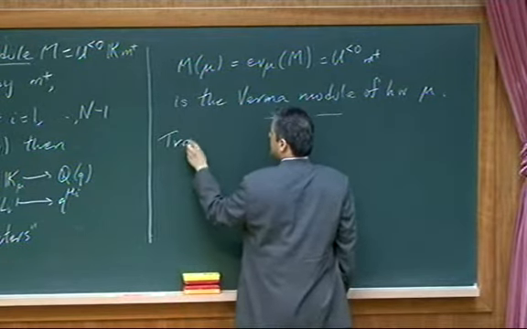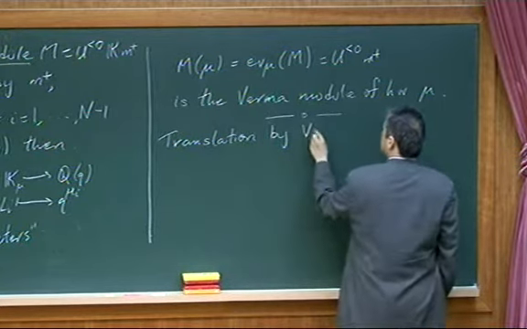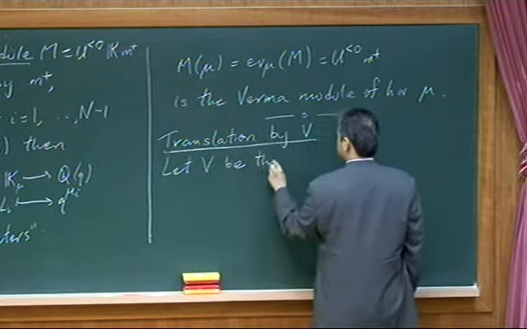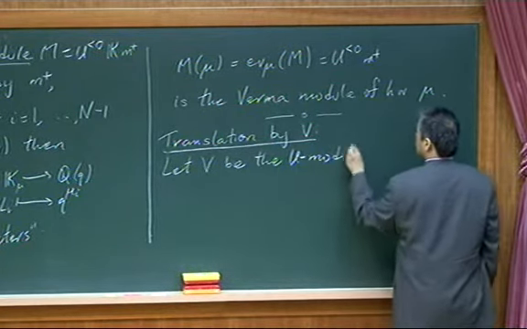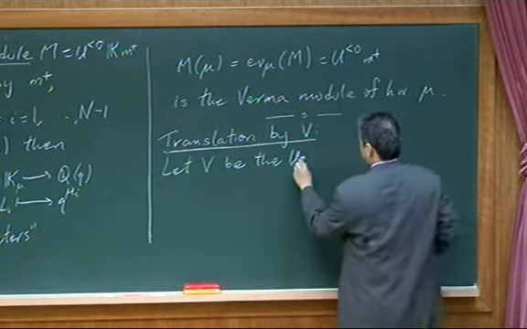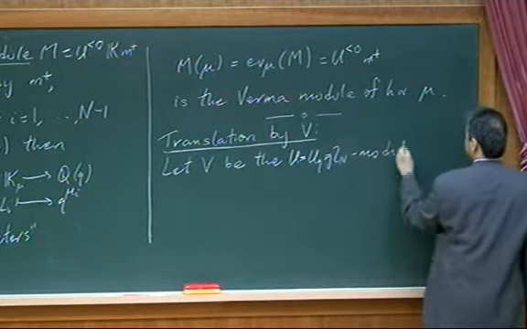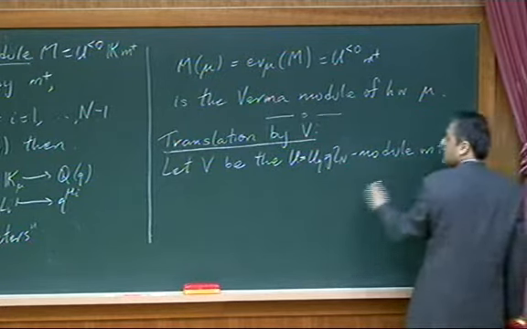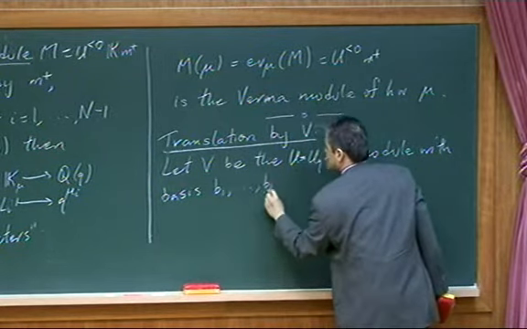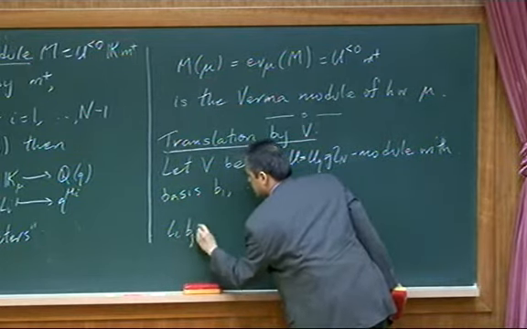Now, what I really want to study is translation. So translation by V. So let V be a U_q(gl_n) module with basis b1 up to bn, and the action is the ordinary action on the fundamental representation.